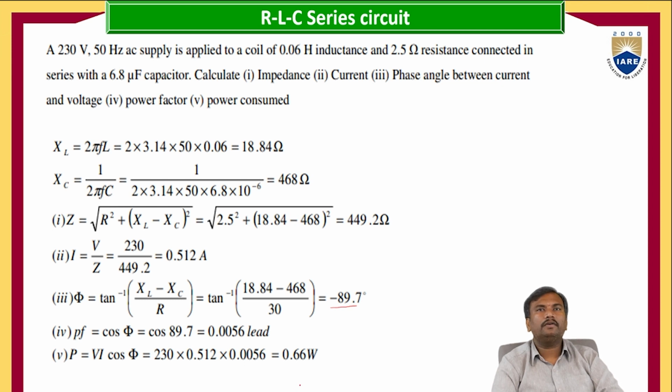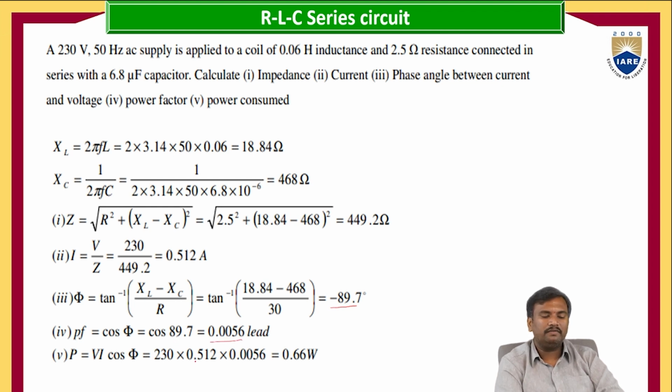Now in order to get the power factor, we have to substitute the phi value in cos phi. So power factor is equal to cos phi, which is equal to cos 89.7.